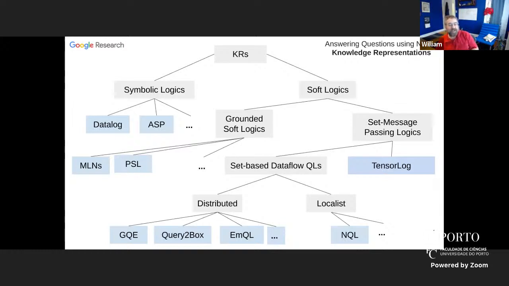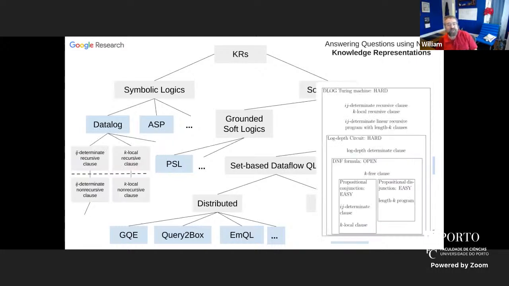I decided to organize my outline sort of as a tree, a hierarchy of different kinds of logics that people have studied over time. The focus of the first half of my talk will be neural knowledge representations. This is very much a continuation of the work I was doing back in 1993.